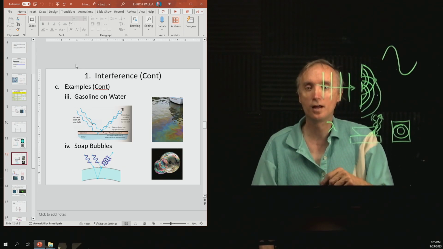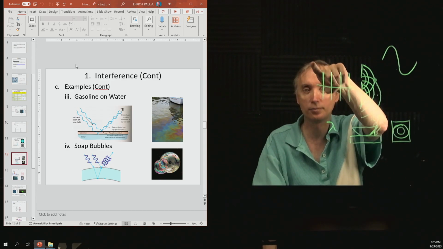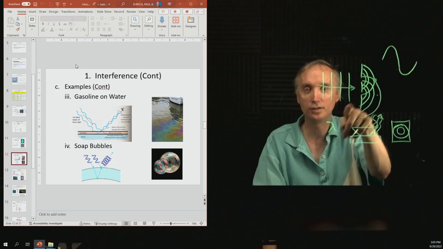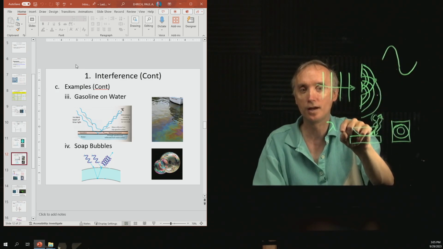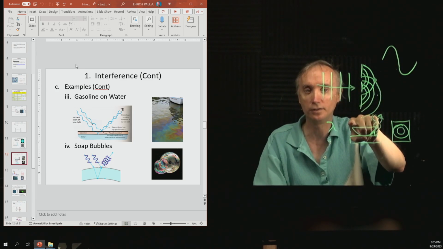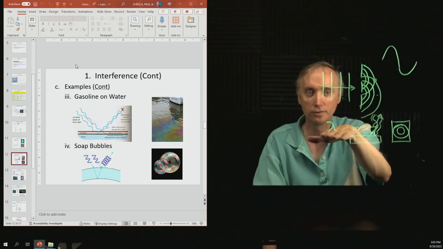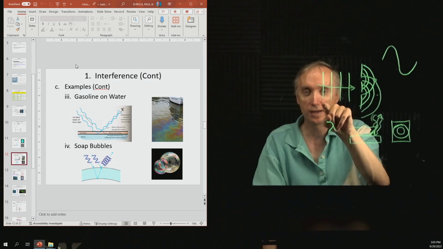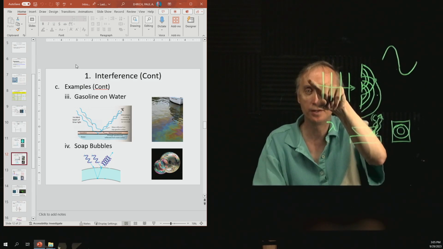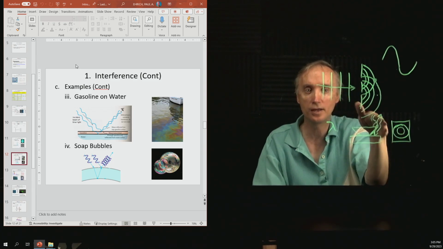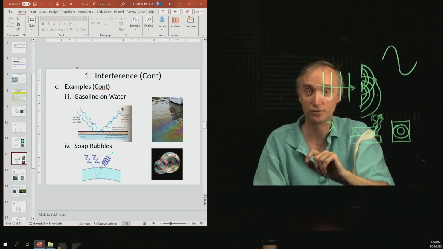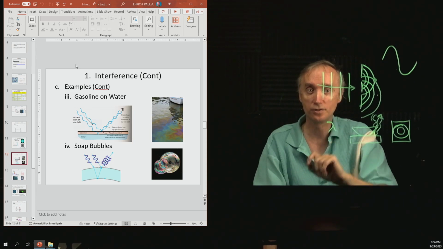Light is going to come in and bounce off the surface of the gasoline into your eye, but some of the light will go through the gasoline and bounce off the water underneath it and then go into your eye. The same thing with the soap bubble. Some of the light bounces off the outer edge of the soap bubble, and some of it bounces off the inner edge of the soap bubble and goes into your eye.